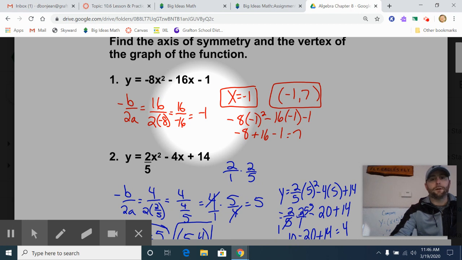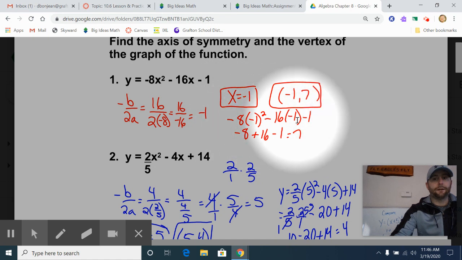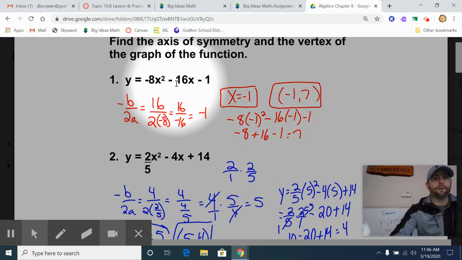Now, how do I find my y value for the vertex? I take negative 1, and all of this work shown here is me plugging negative 1 back into the original function for x.